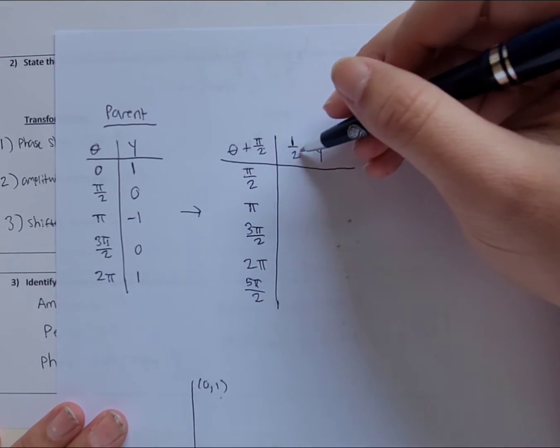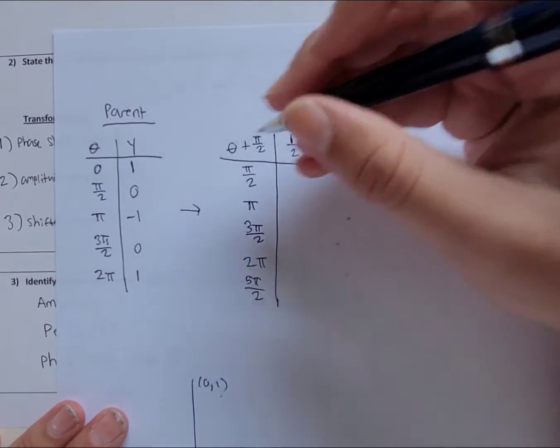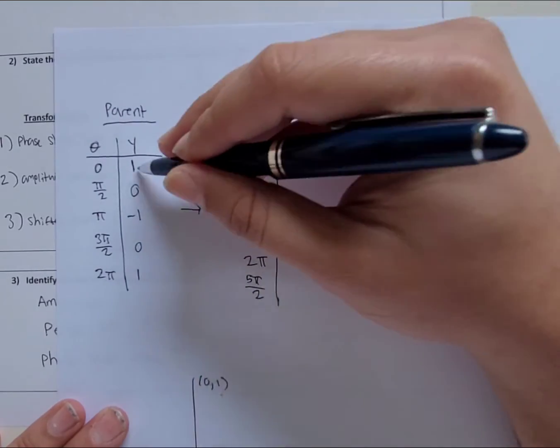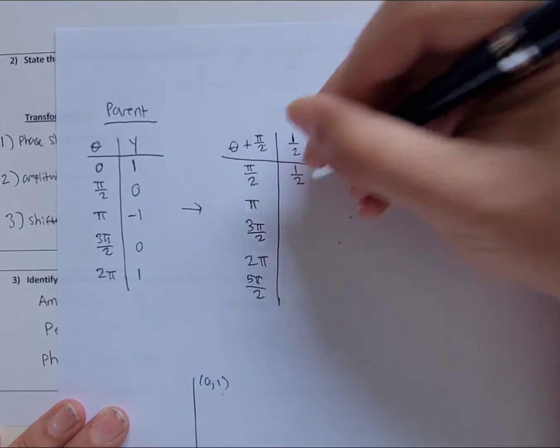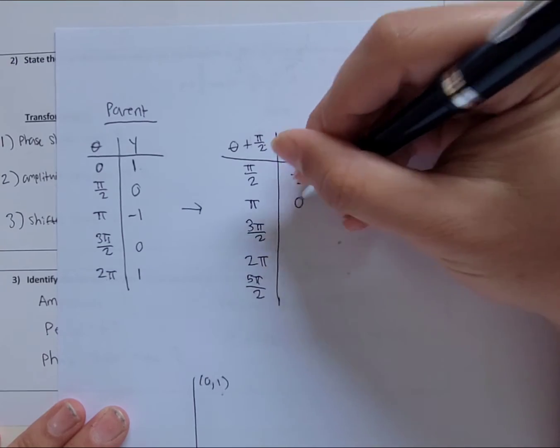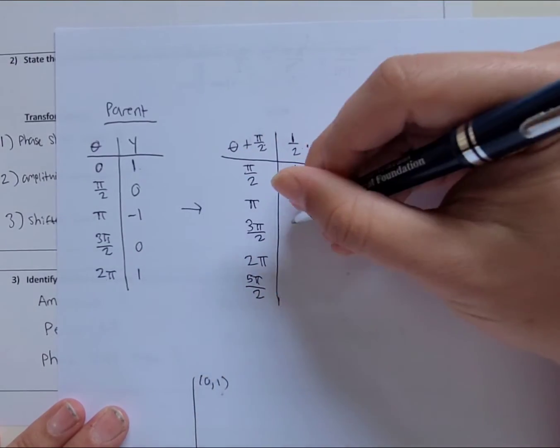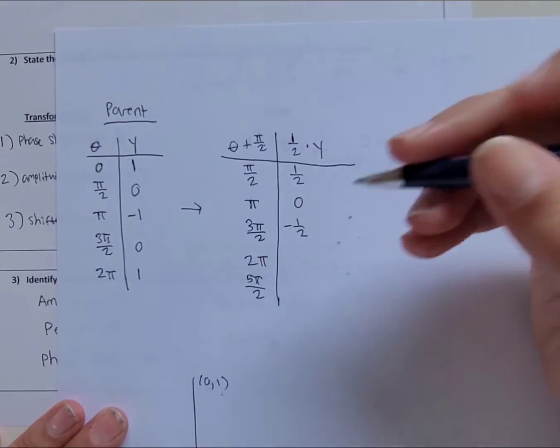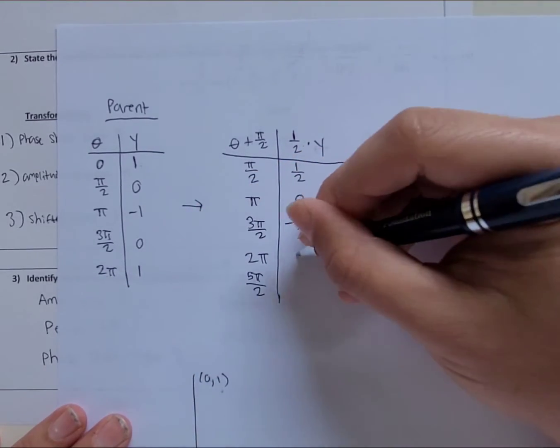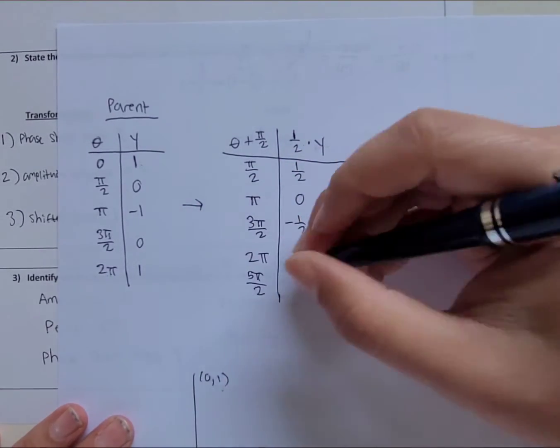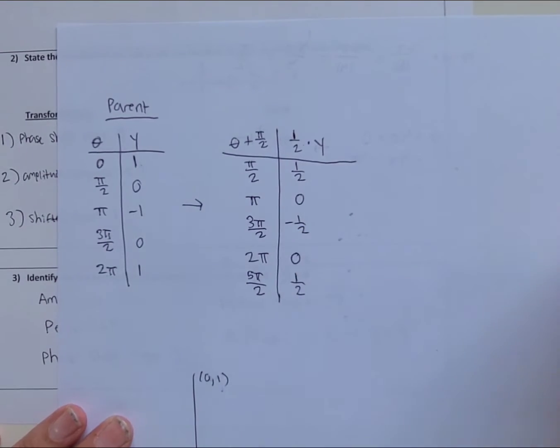Now I need to take my y values and multiply them by 1/2. So 1 times 1/2 gives me 1/2. 0 times 1/2, 0. -1 times 1/2, -1/2. 0 times 1/2 gives me 0. And then 1 times 1/2 gives me just 1/2.